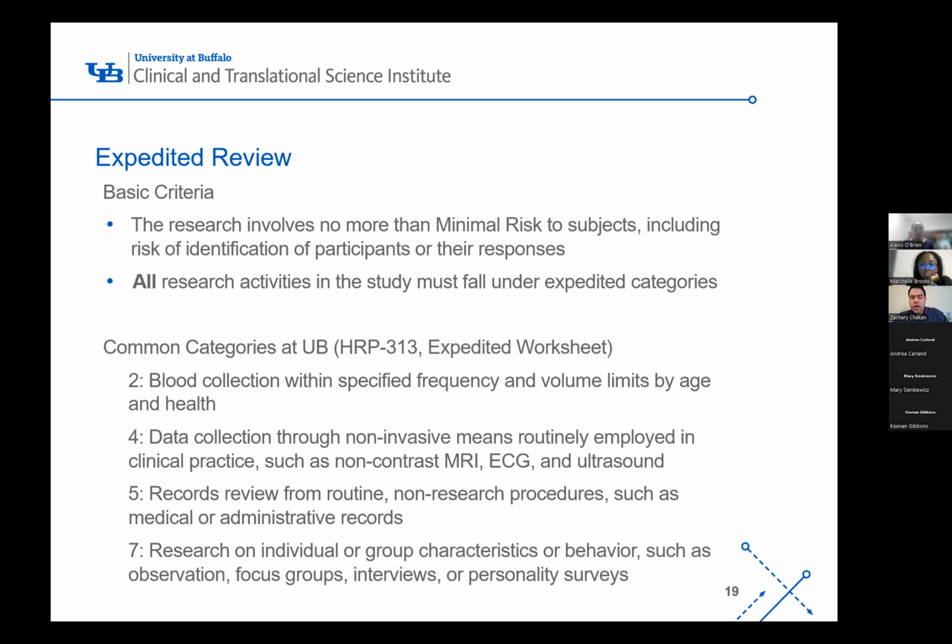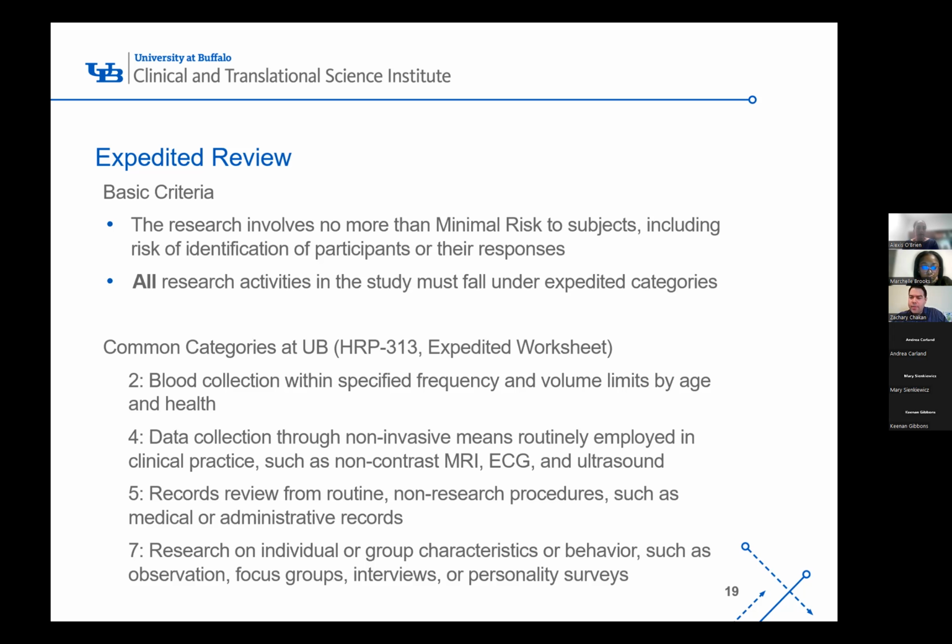So there are not too many studies that are expedited that only meet this category 7, because if they were only category 7, then you'd have to think it would probably meet exempt 2, which is surveys and focus groups and interviews in adults, unless there's something about the research or the confidentiality procedures that elevates it to a higher level of review.